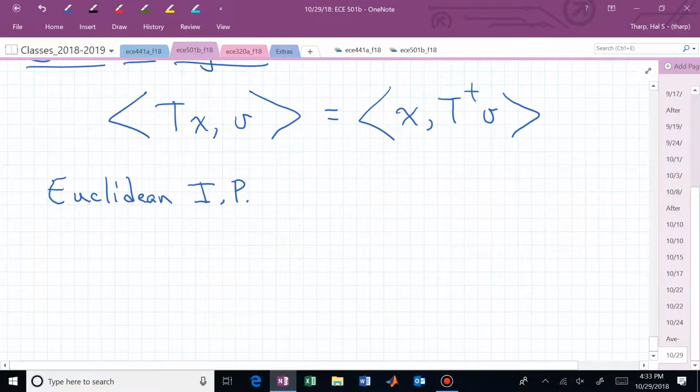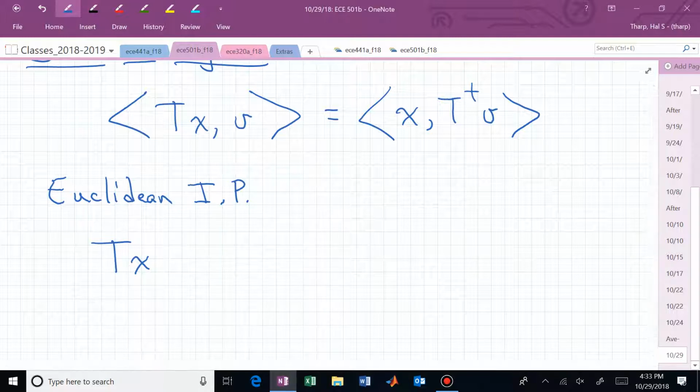So if we do that, what do we have? We now have Tx, that's a vector, and what do we hit that with to form the inner product of Tx and v? Tx really is just a scalar, isn't it? x is a scalar, the linear map was a scalar, so now I need to hit that with the conjugate of the second slot vector, which is v conjugate.